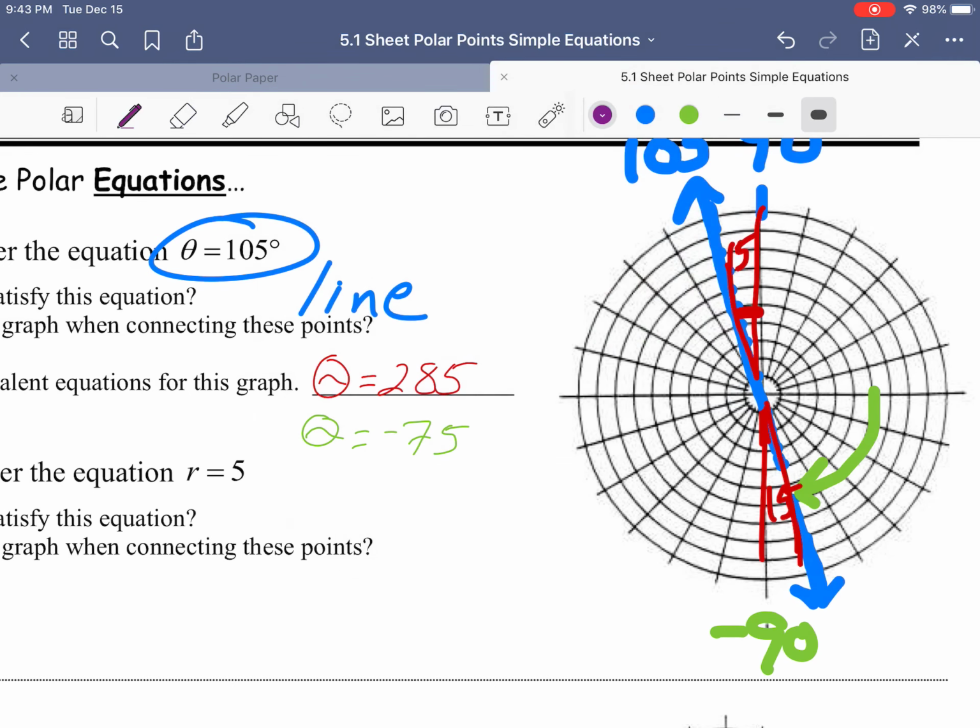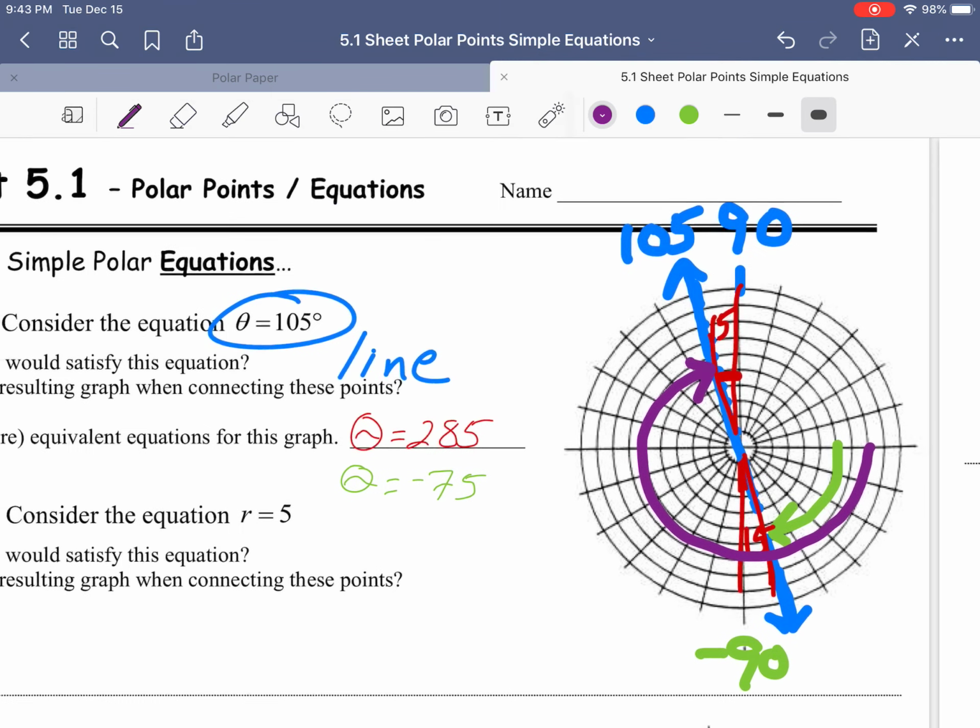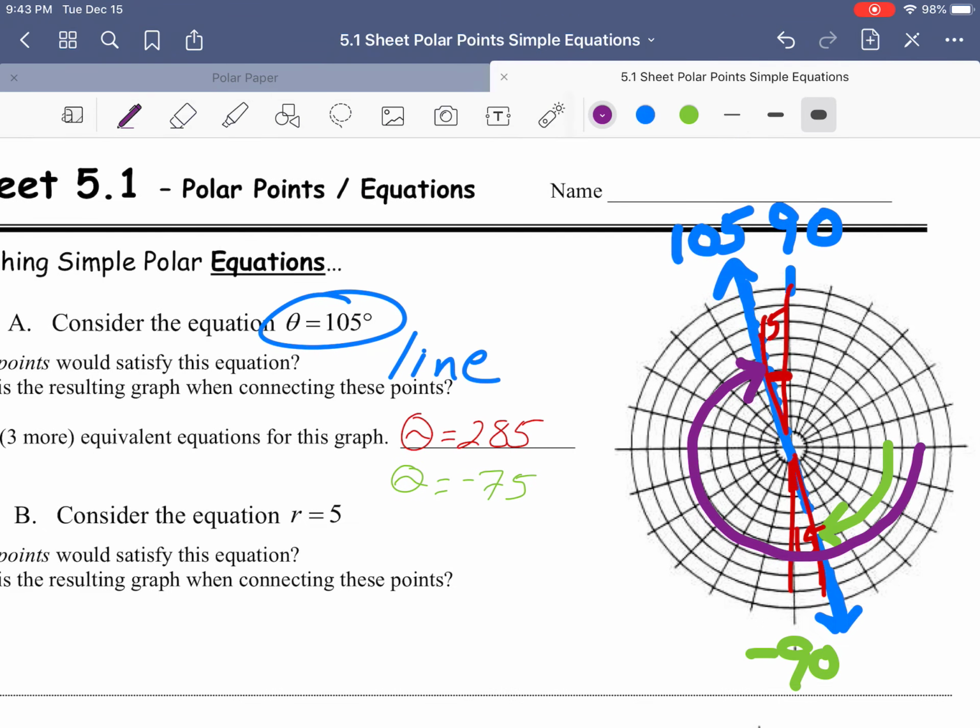And then, of course, there's one more way. That would be the way that rotates negatively all the way over to this side again. Keep in mind your negative rotation up here would be negative 270. So I'm just 15 degrees off of that, which we could call theta equals negative 75. No, not negative 75, negative 255.